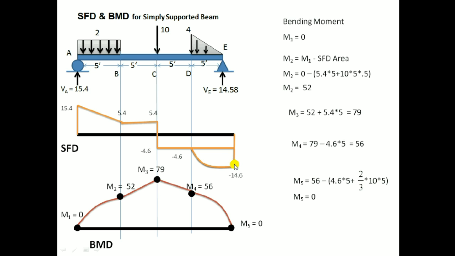This length is 10 because the total is 14.6 and this is 4.6. So this remaining length from here to here is 10 and its span is 5. So 10 into 5 into 2 by 3, we can get this closed area. So thus we will get the total area from here. Subtracting this total area from the previous moment, we will get M5 is equal to 0.